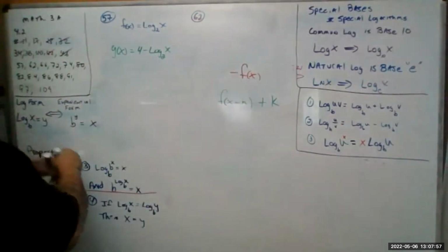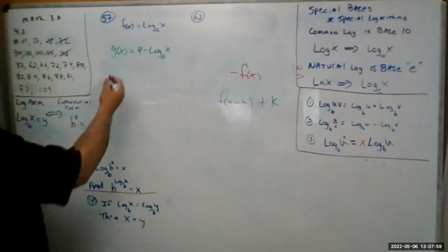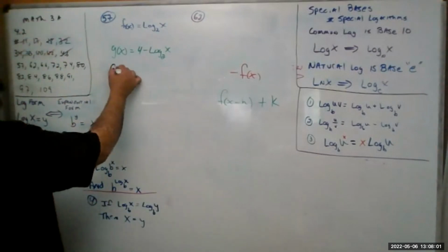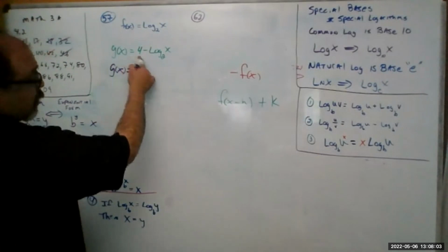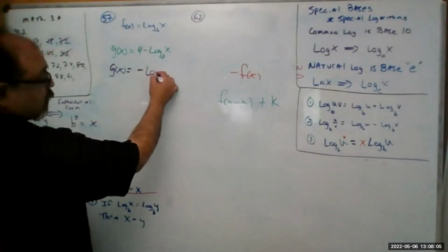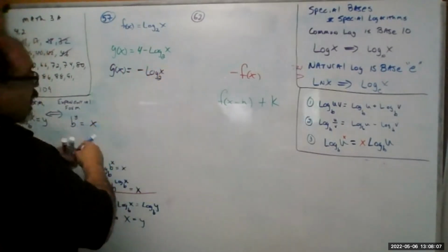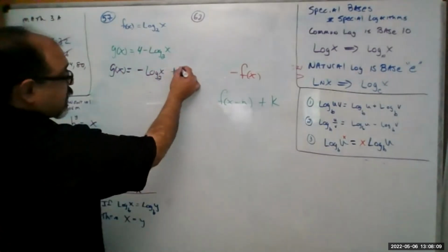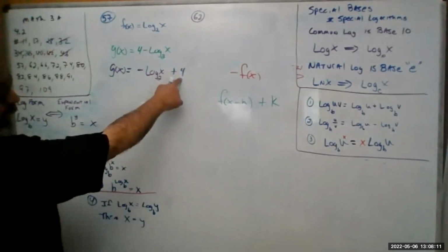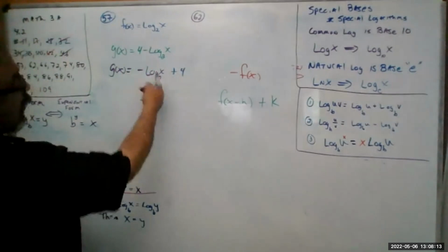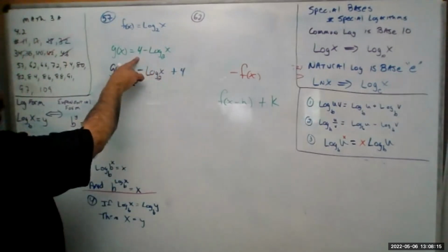So the problem with this is that it's written usually in the wrong order. So you have to realize that this is a positive 4, negative log base 2 of x. And then you have technically a plus 4. That's the k.